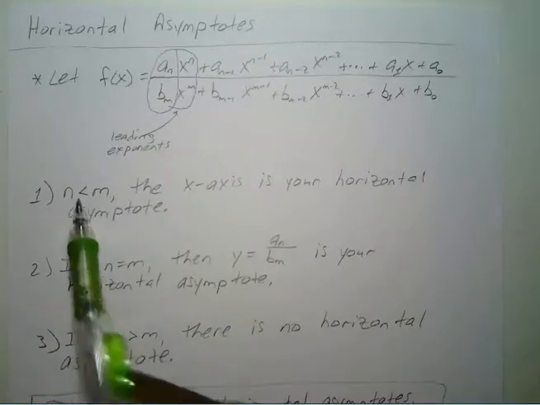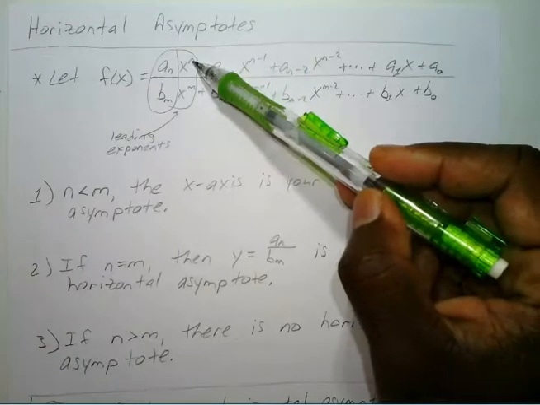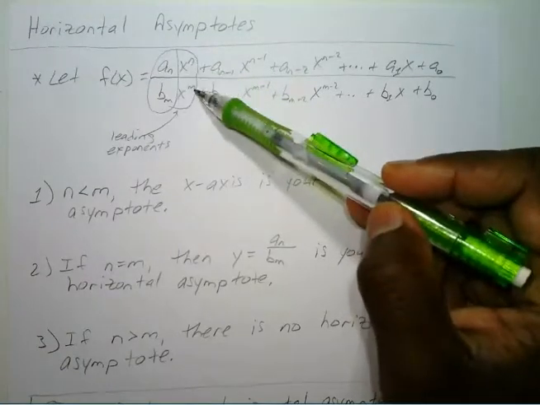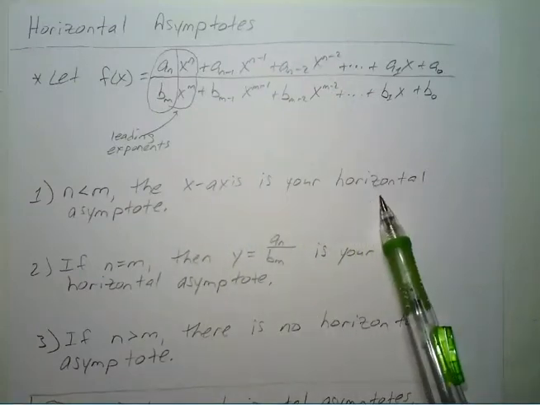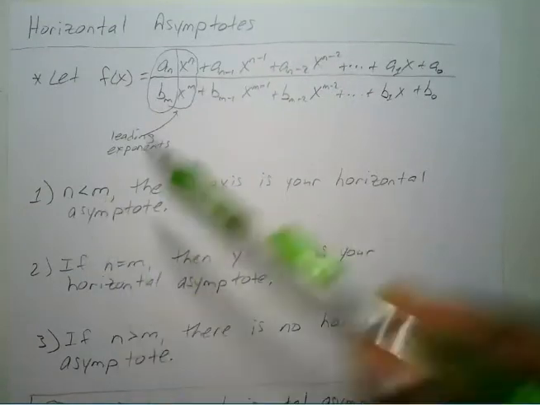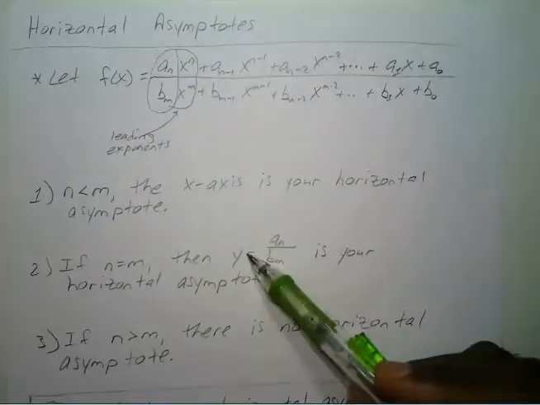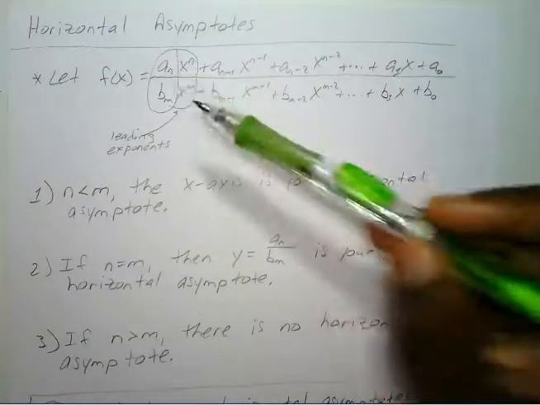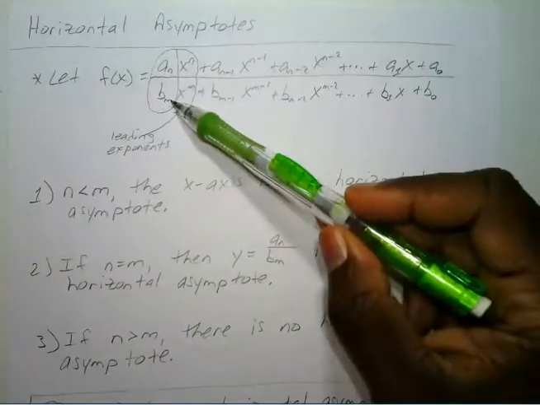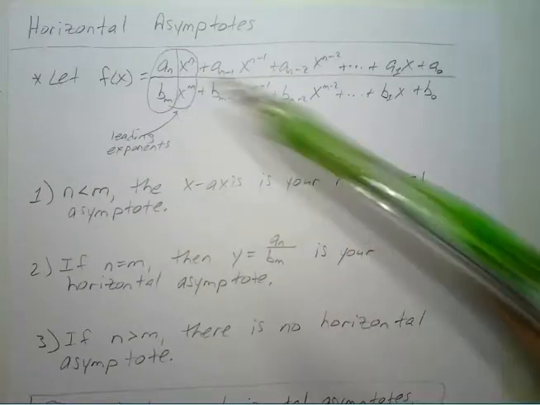Okay, so if the lead exponent up top is smaller than the lead exponent on the bottom, then the x-axis is your horizontal asymptote. If those two exponents are equal, then y equals your lead coefficient of your numerator divided by the lead coefficient of your denominator is your horizontal asymptote.